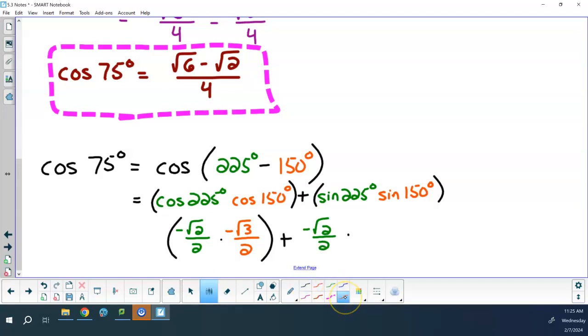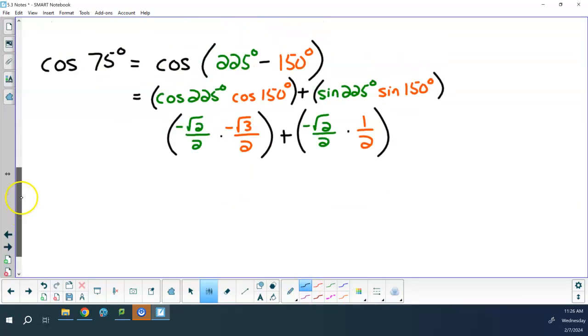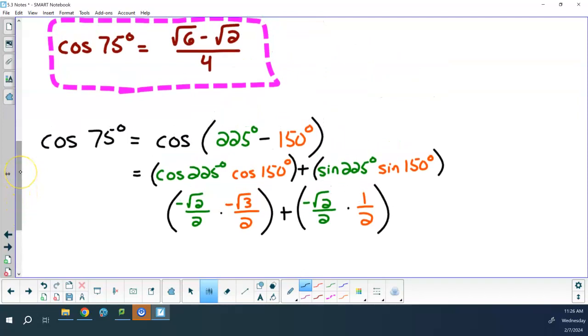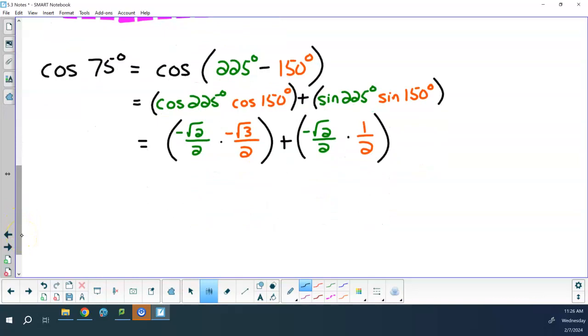Sine at 150. Still need it to be the same. Negative root 2 over 2 times negative root 3 over 2. Square root 6 over 4. Negative root 2 over 2 times 1/2.